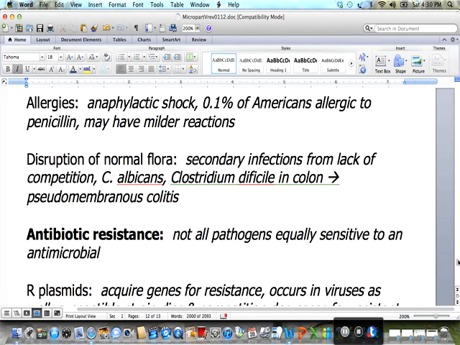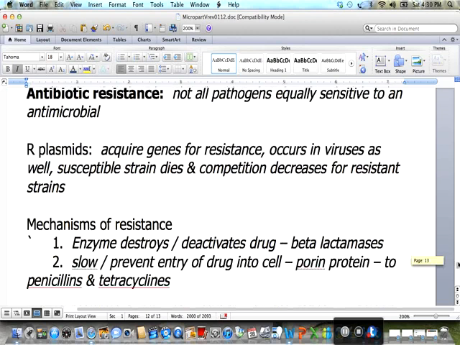Not all pathogens are equally sensitive to antimicrobials. R plasmids, which carry the genes for resistance, may occur in viruses as well as bacteria. The susceptible strain dies, and when the competition decreases for the resistant strain, they're able to flourish.